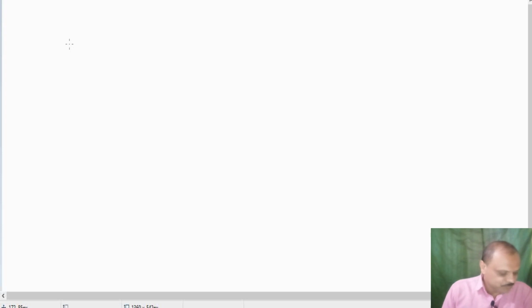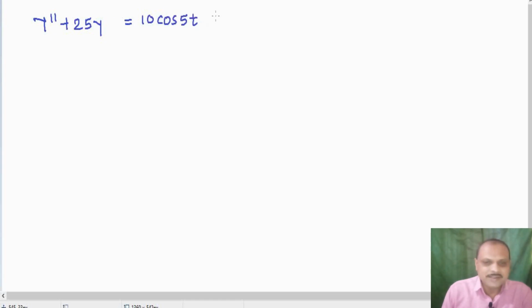So let us consider the example y double dash plus 25y equal to 10 into cos of 5t, with initial conditions y at 0 equal to 2 and y dash at 0 equal to 0.